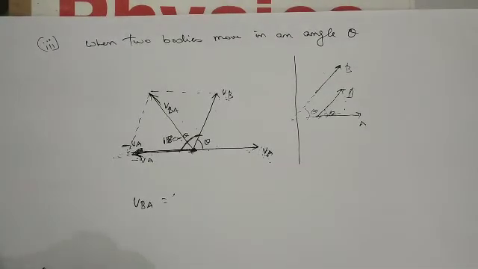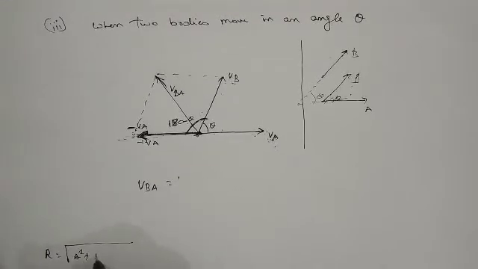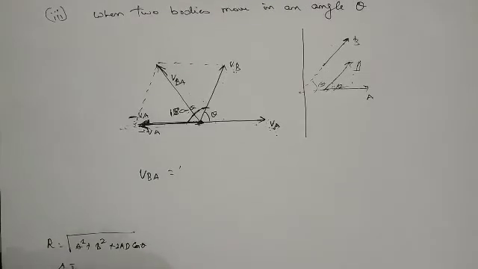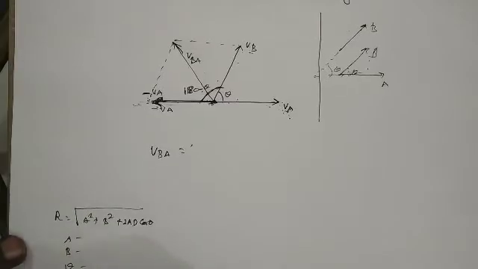We have studied that the resultant is equal to the square root of A squared plus B squared plus 2AB cos theta. Here, what is A? What is B? What is theta? We need to see and continue.